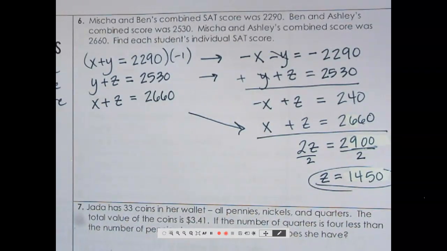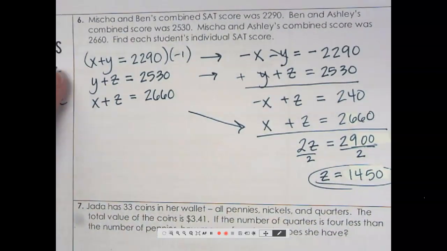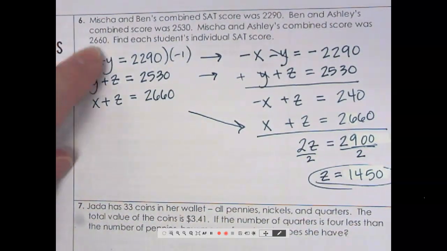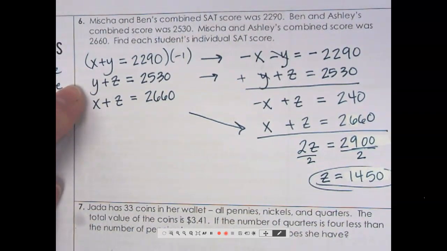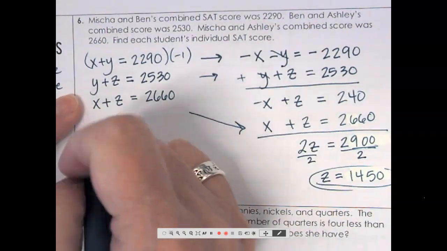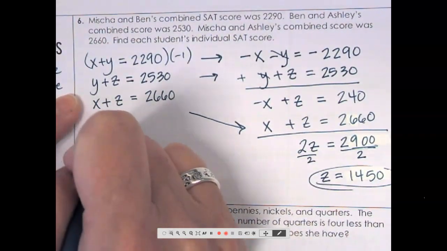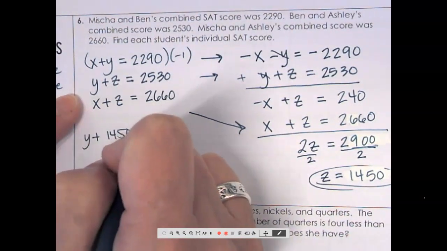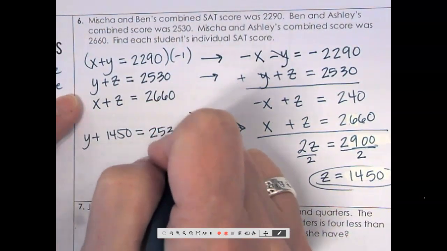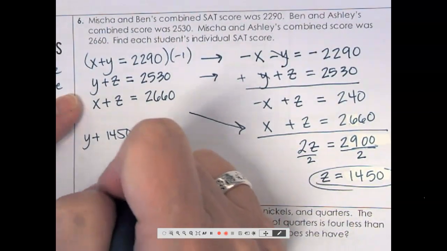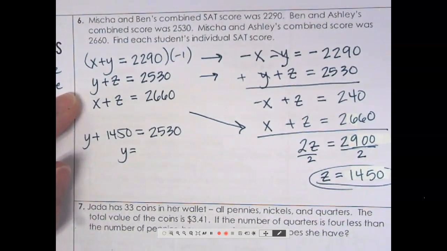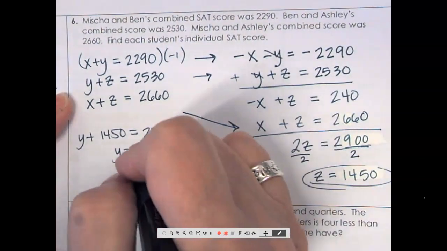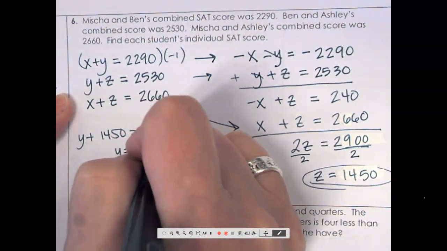What should I do with this answer? Go back up here and find either equation that has a Z in it. Plug it in and you'll find X here and Y here. You'll find both of your answers. So I'm going to go to Y plus Z is 2530. And that means that Y is 1080. Oh, Ben.